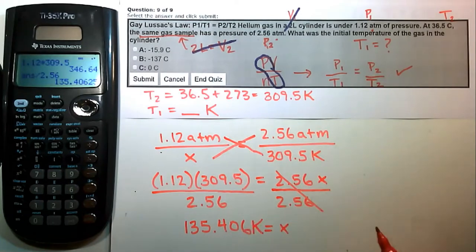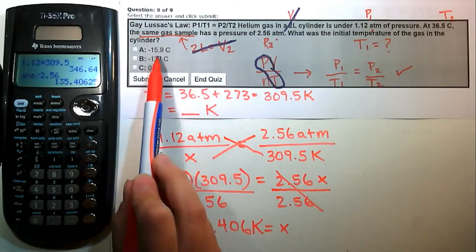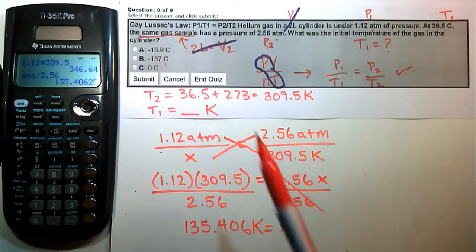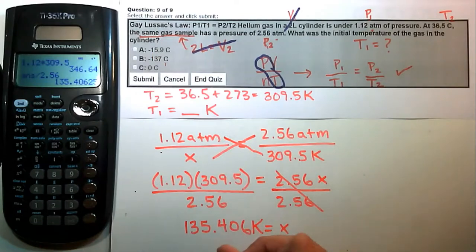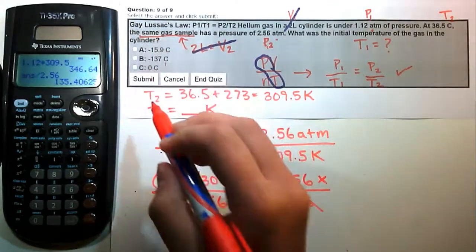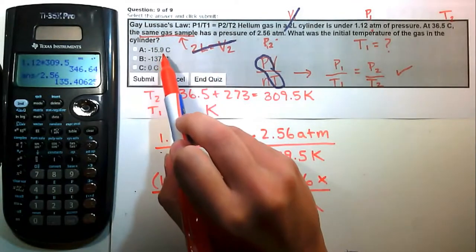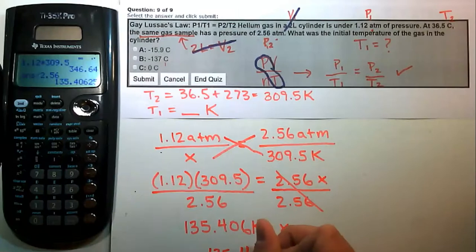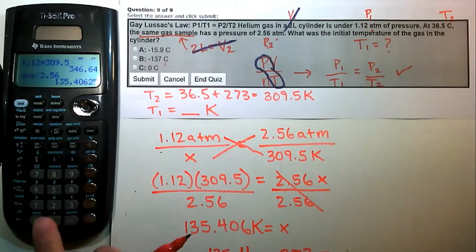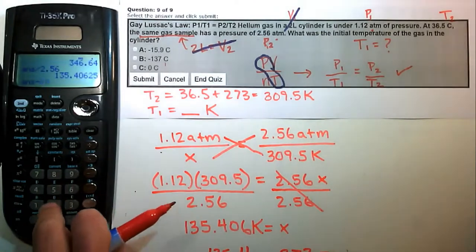Now, my answer choices are not given in Kelvin, they're given in degrees Celsius. So to get Kelvin into degrees Celsius, I need to subtract 273. 135.4, I'm going to round because my answer choices are only rounded to whole numbers or one decimal point, minus 273. And so this is going to give me a very negative value.